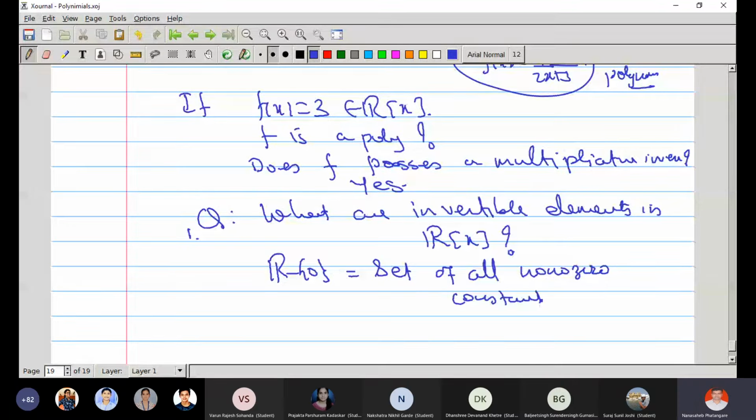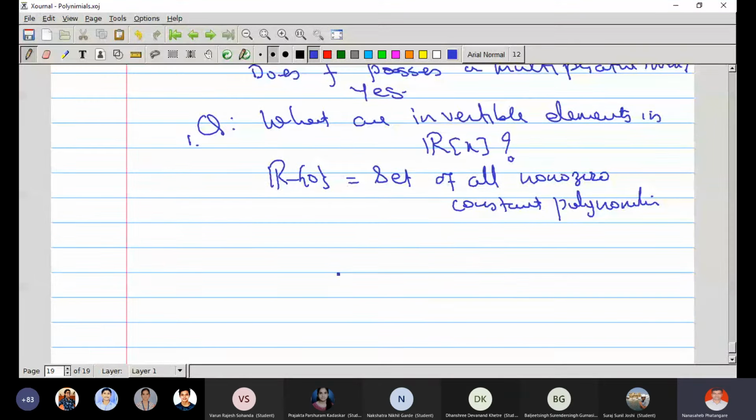All non-zero constant polynomials have a multiplicative inverse, and therefore in the previous proof, if two polynomials divide each other, then they are constant multiples of each other because they have invertible elements, like in the case of integers. So this set of polynomials is like the set of integers.